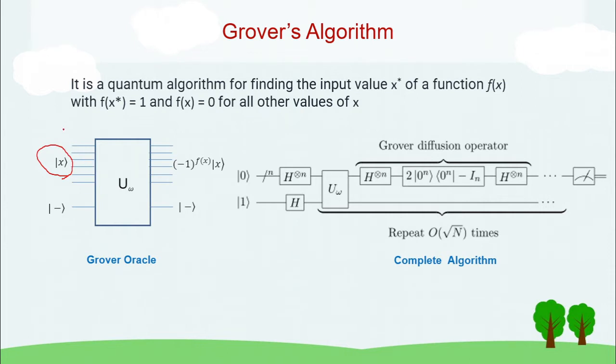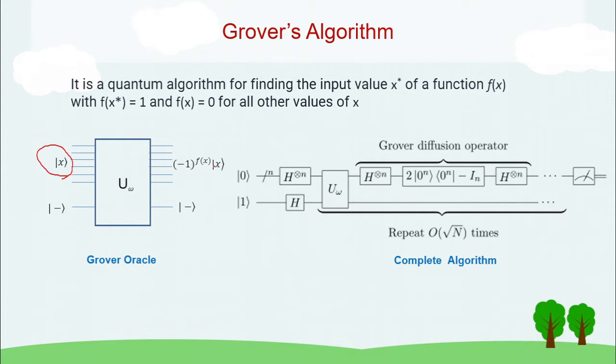When all the possible combinations of x are passed on to this Grover oracle, as we know, for that particular x value, f of x will return 1, and because of that the output is given here as -1 to the power of f of x. So for that particular x, you will have -1 to the power of 1, which is minus.